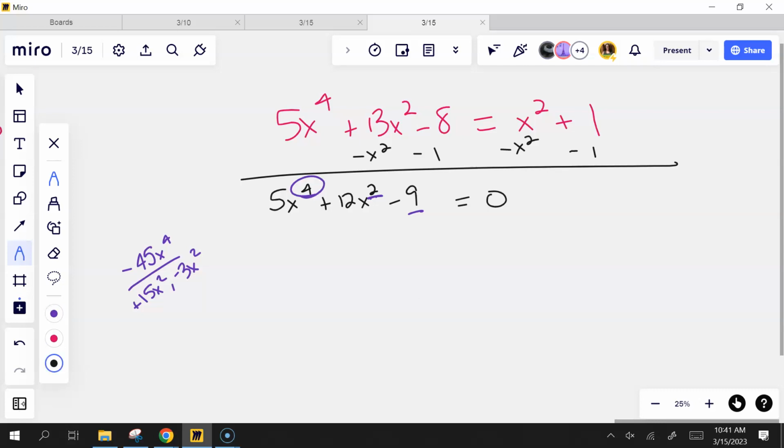Charlie, does it matter which one I write first? It actually doesn't matter. I like to write the negative first because it helps me in factoring.